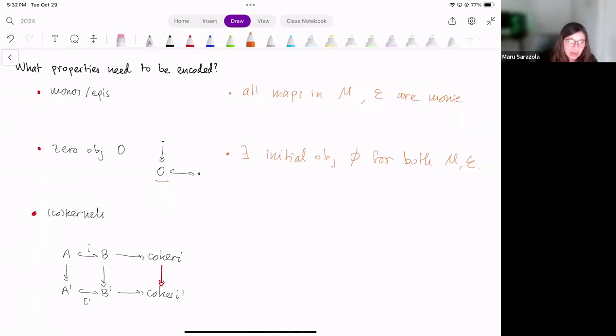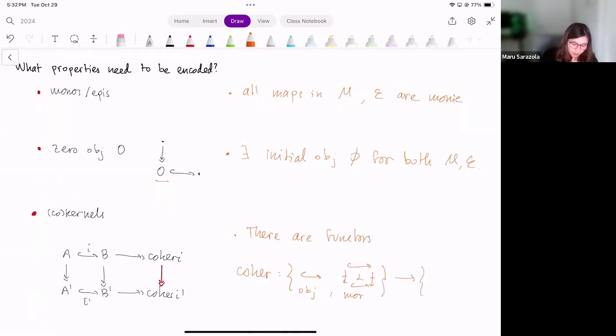So now I'm going to ask that there are functors. I'll have a functor co-cur. What does this do? This is going to go from the category whose objects are my horizontal morphisms in the double category, and whose morphisms are the squares between them. And what is it going to produce?